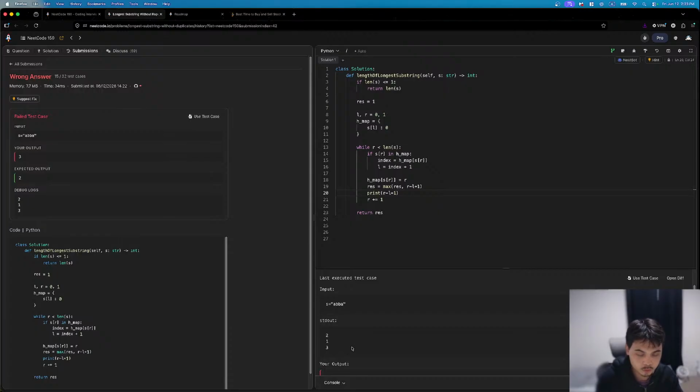So one iteration, wait, two, and then how is it getting three though? 0, 1, 2, 2, 1.